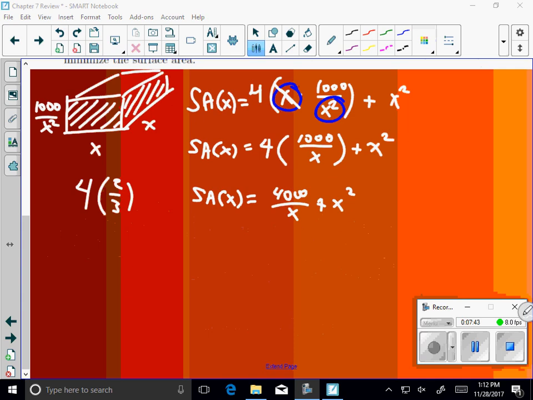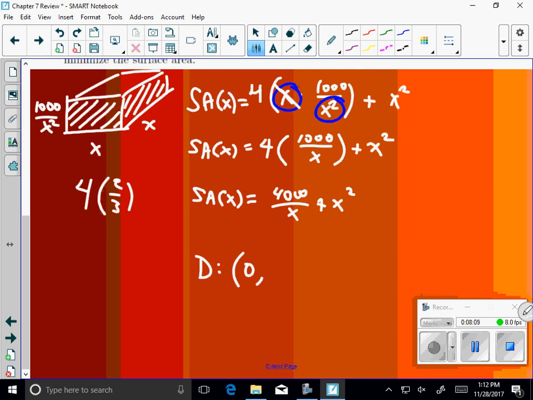So how would I find a domain for that? A reasonable domain for x. Well, I know it can't equal what? 0, right? Eddie, what do you think? You have thoughts beyond can't equal 0? Okay. Are there any restrictions on what x could be other than non-negative and not 0?